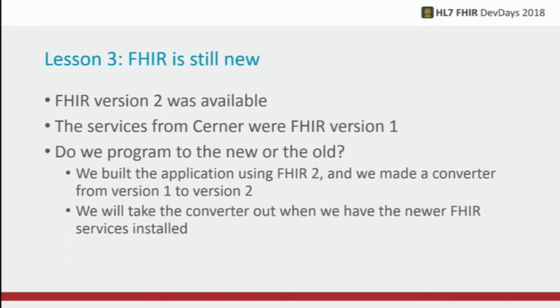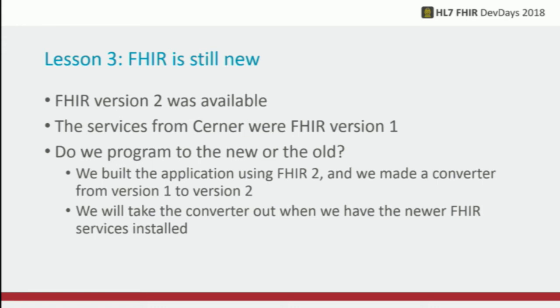Again, as an ongoing challenge, FHIR is still new. Versions are changing. Back when we did this, the versions of FHIR that we were working with were version 1. We wanted to program against version 2 because it had already been approved, but it wasn't supported yet by Cerner. That wasn't the production version. So we had this discussion: do we program against the old version and the new version?